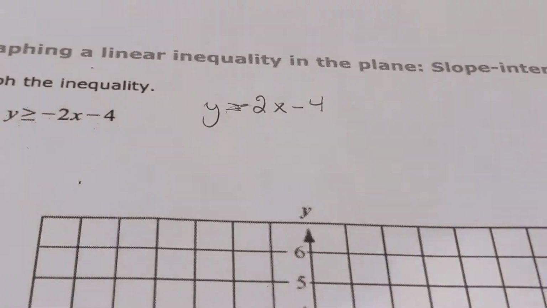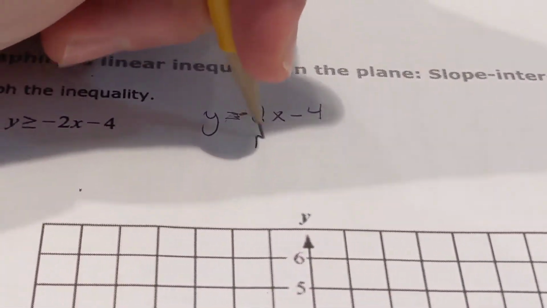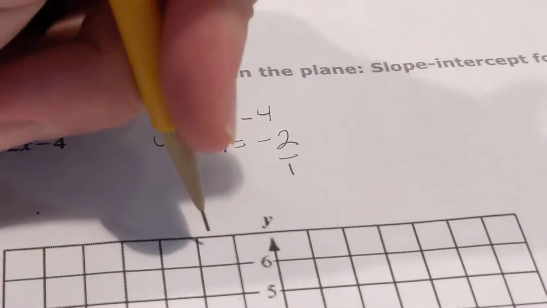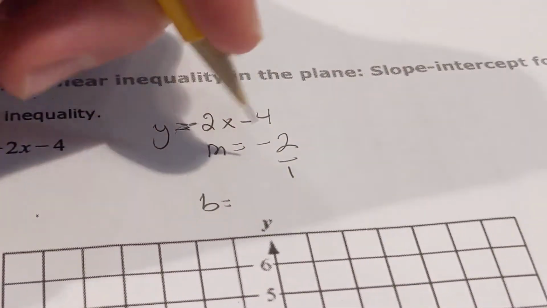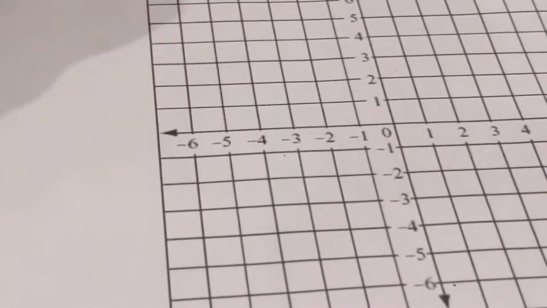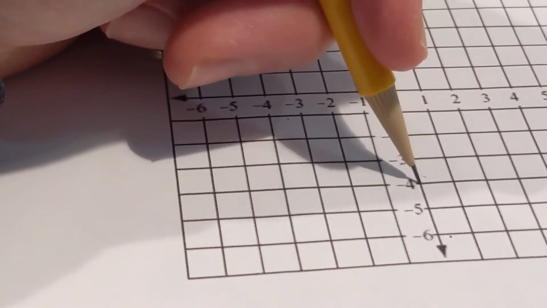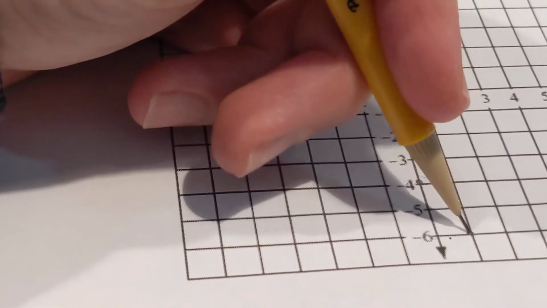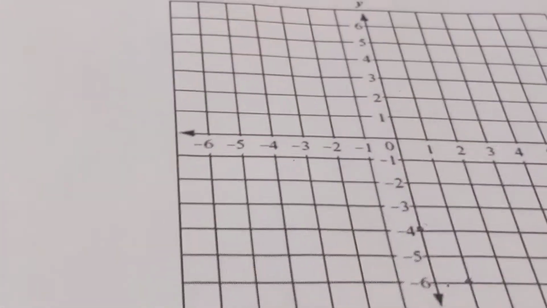Okay, so let's do that. For this one, m equals negative 2 over 1, and the intercept b is negative 4. So we're going to put the intercept on there, and then we're going to go down 2 and over 1.